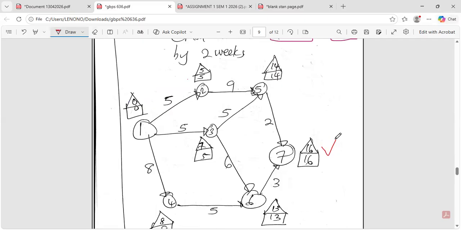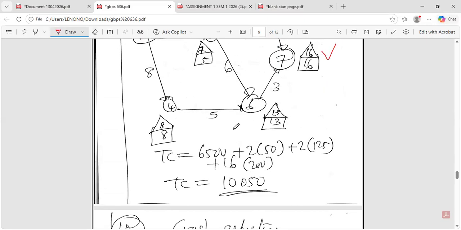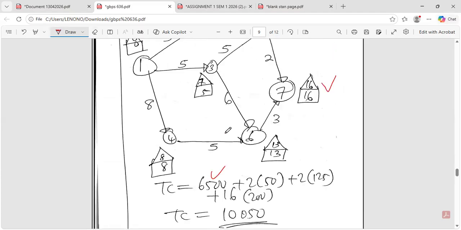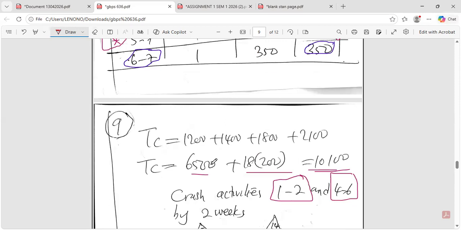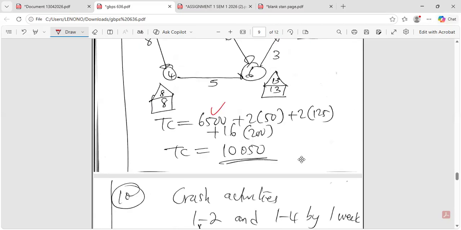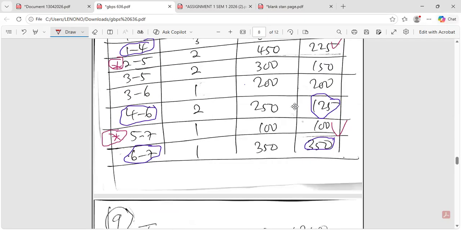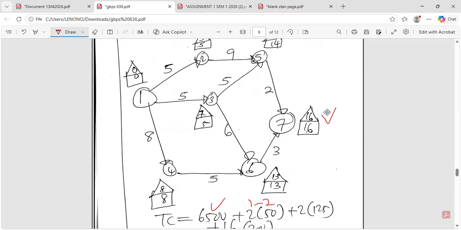So 16 weeks. And then what's the total cost now? There was a 6.5, which was the normal cost initially. Then plus how much we have crashed. We have crashed 1 to 2 by 2 weeks, and 4 to 6 we crashed by also 2, at a cost of 125.